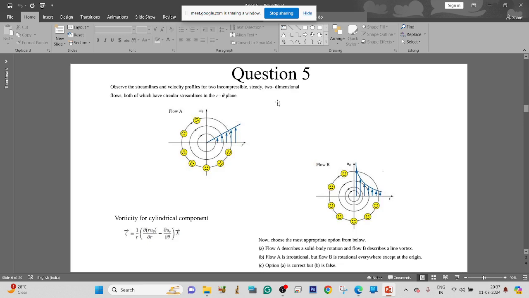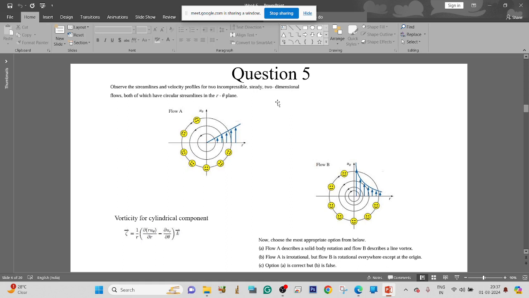Observe the streamlines and velocity profiles for two incompressible steady two-dimensional flows, both of which have circular streamlines in the r theta plane. The equation of vorticity for cylindrical components is given. So what do we need to find? Now choose the most appropriate option from below. Flow A describes a solid body rotation and B describes a line vortex.